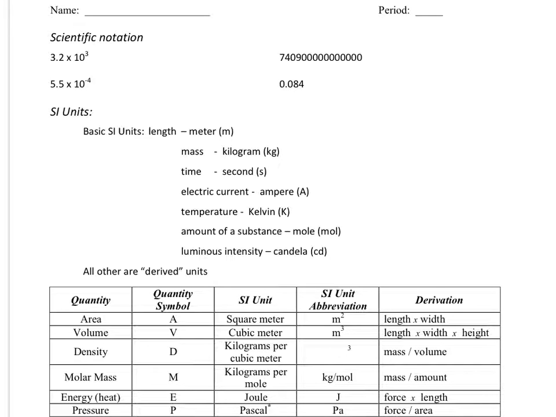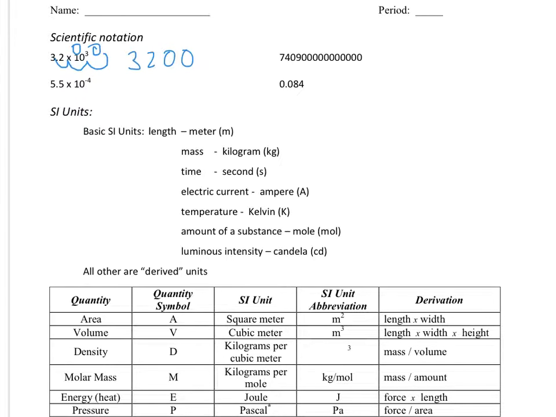Or if you think about it, positive means it's a big number, so I'm going to move it this way. So there's 1 time, 2 times, 3 times, and then fill in zeros for your blanks. So the number is 3,200. So it's a pretty big number. Let's look at the next one.